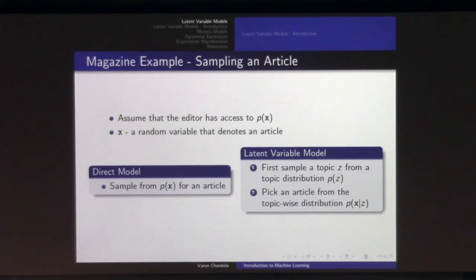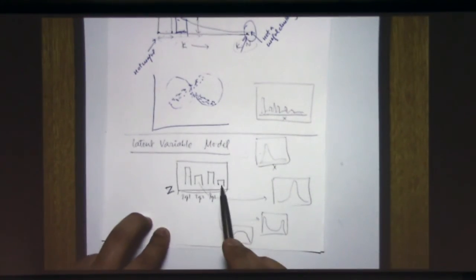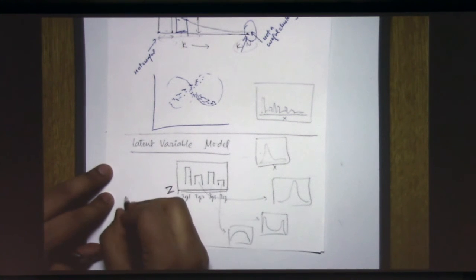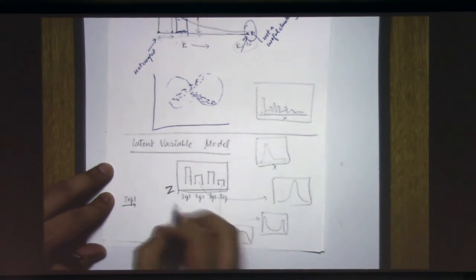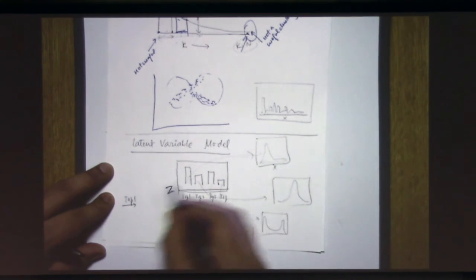So in the generative process, what would have happened was that the editor would have picked one topic based on this distribution, right? So maybe she would have picked topic 1 the first time, and then went to the topic 1 room over here, and then picked the first article.